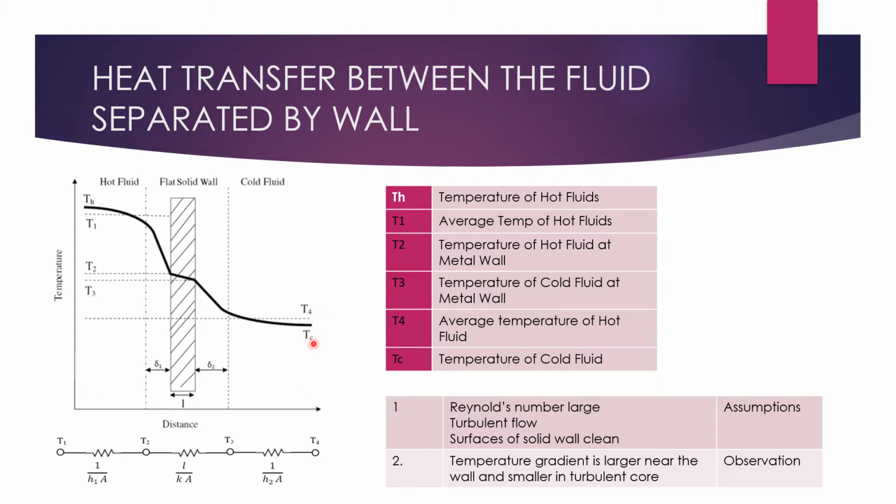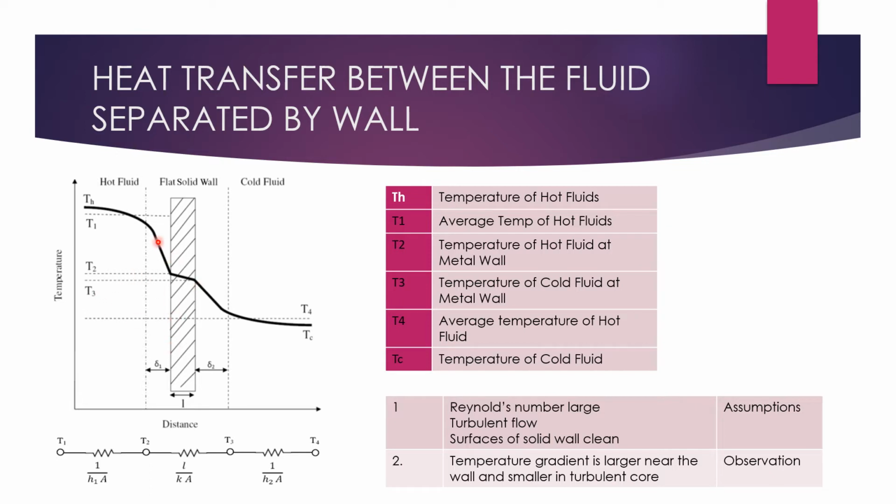It is slightly more than the actual temperature of the cold fluid. We have also considered two more points in this arrangement, T2 and T3. T2 indicates the temperature of the hot fluid at the surface of the wall, and T3 indicates the temperature of the cold fluid at the surface of the wall.